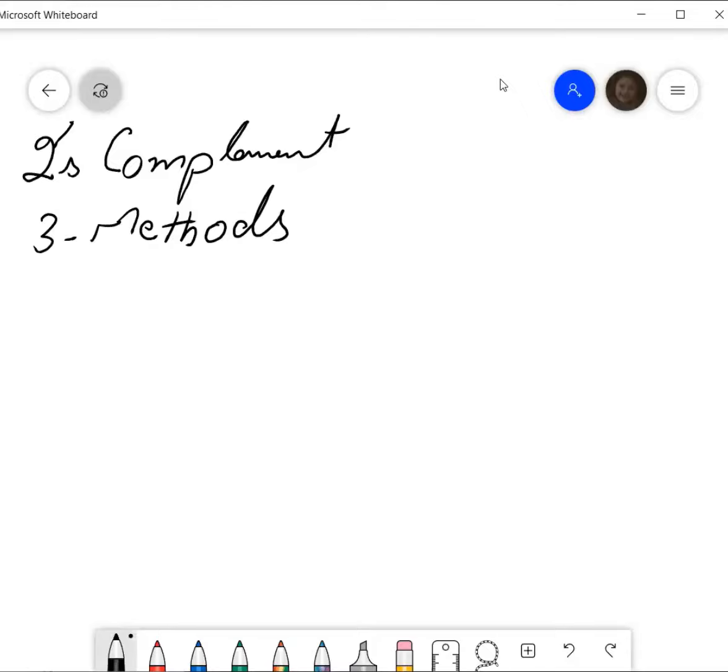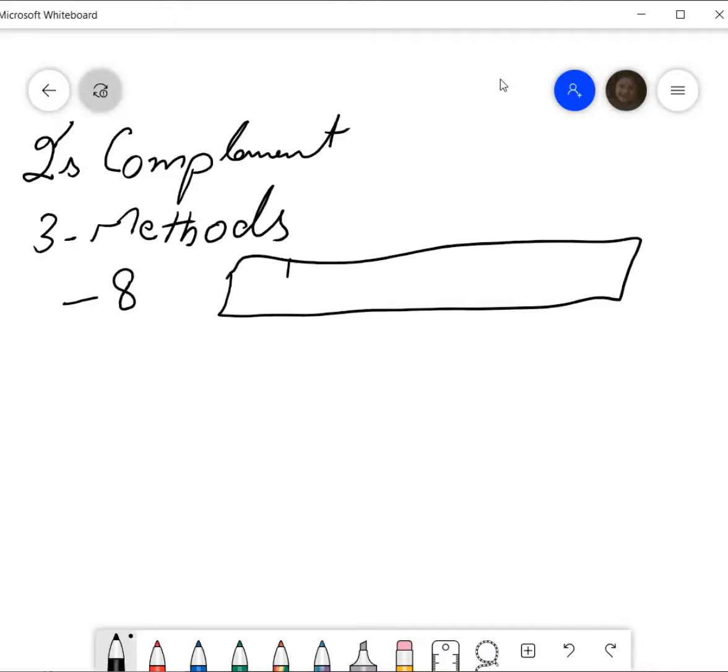So then you find the number. For example, if I want to convert -8 denary: first I write the place values 1, 2, 4, 8, 16, 32, 64, and -128.